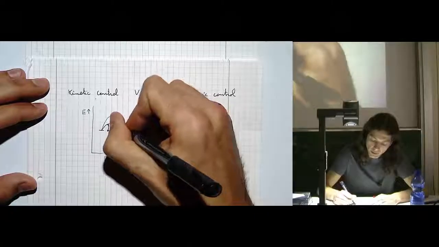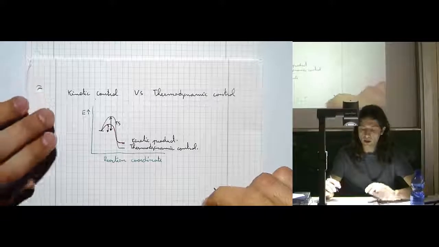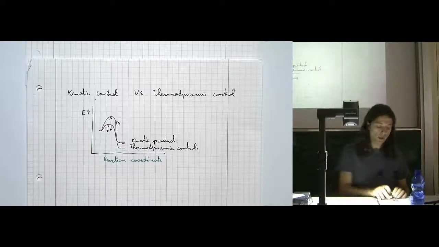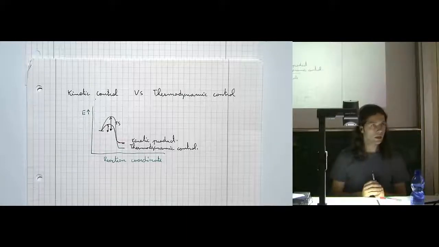And now the activation energy will be here, this one, which will be higher. Okay, this is very important because this is going to determine, in all the reactions that we're going to see, the stereochemistry of the process.